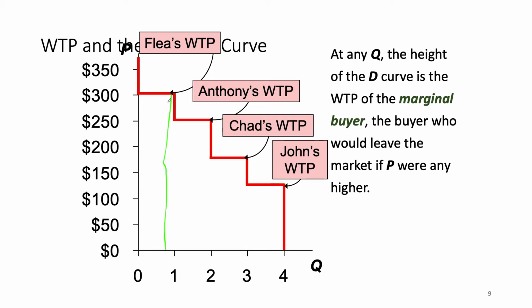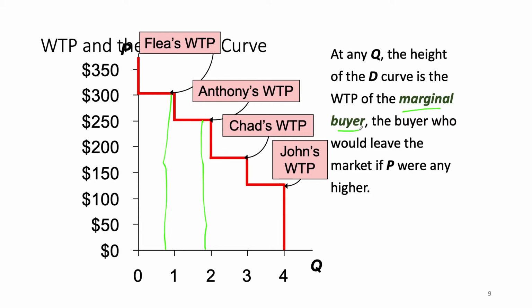Here, if I look at the height of the curve, the marginal buyer is Flea, and Flea has a willingness to pay of $300. That tells me the maximum price that the consumer is willing to pay to receive that product. So at any part of this demand curve, the height of the demand curve tells me the willingness to pay of the marginal buyer.